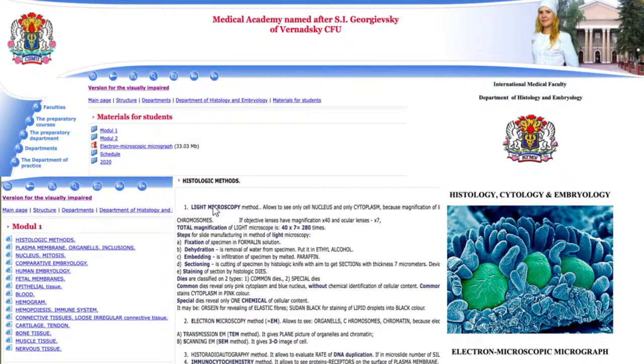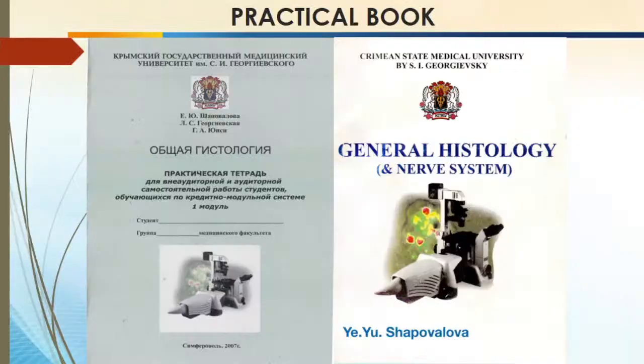For example: light microscopy, total magnification, fixation, and embedding. Our lecture today describes it more effectively, but this is a short description which can help you, especially if you miss practical classes.